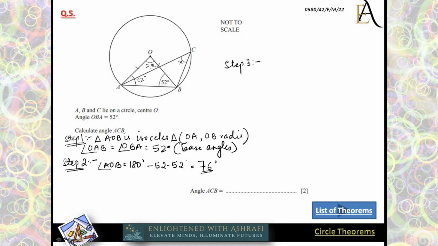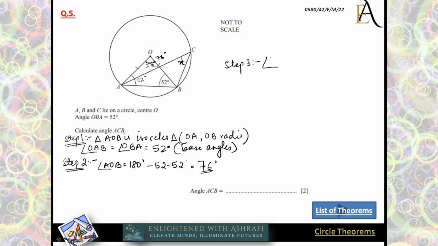Step 3. So we know this is 2x, this is x. Now we have to find out x, right? This is 76 degrees. So we'll have to divide 76 degrees by 2 so that we get x.